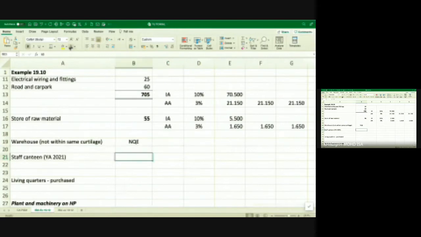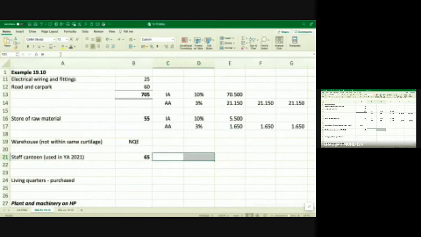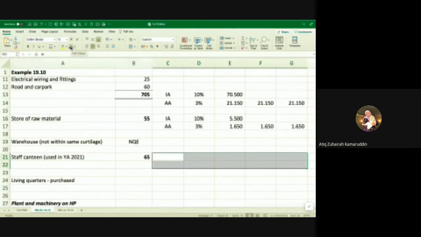But for the staff canteen, you have that 65,000. Remember that you only use it in YA 2021. The law says this is 2020. Can you claim anything in 2020 for the canteen? Initial allowance.